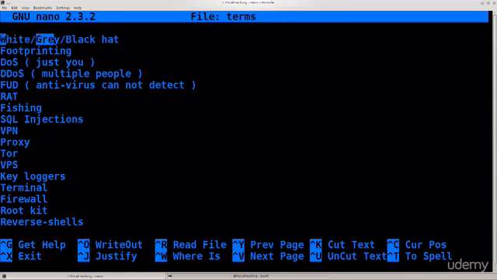Then you have gray hat hackers whose activities are bordering between legal and illegal. It's a bit of a shady area there. In addition to that, you have the most known category, which is black hat hackers. And usually, and unfortunately, every time somebody hears the term hacking, it is associated with people from the black hat world.